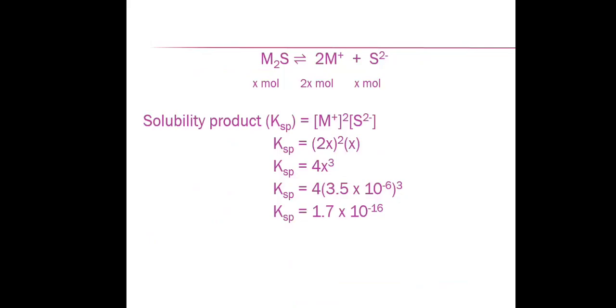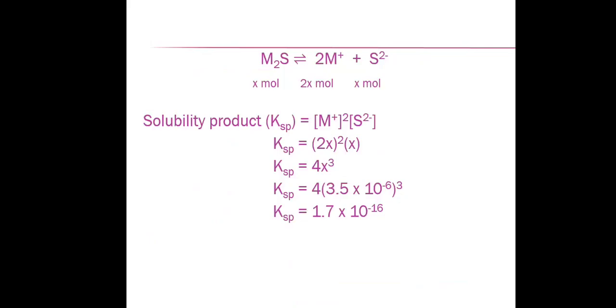So, M2S will give you 2M plus and S2 minus. Now, if I take X mole of M2S, then I'll get 2X moles of M plus. You can clearly see 1 mole of M2S gives you 2 moles of M plus and 1 mole of S2 minus. So if I take X moles, it will give me 2X moles of M plus and X mole of S2 minus.